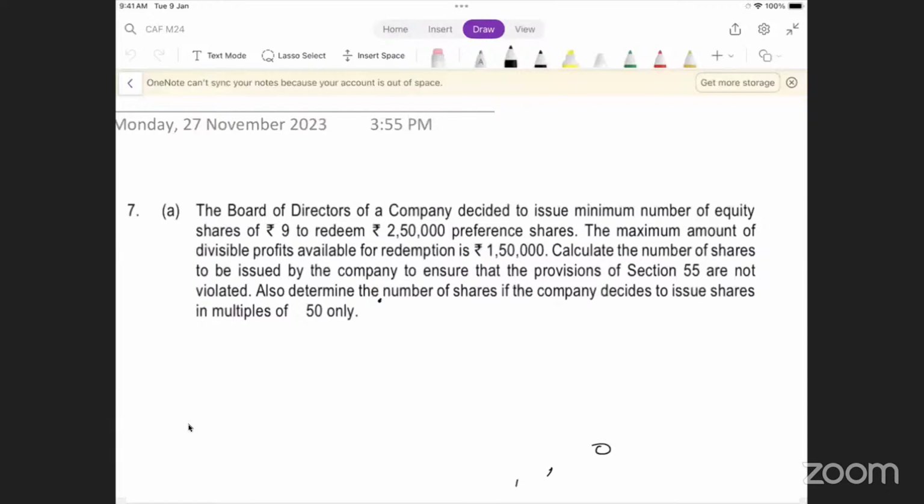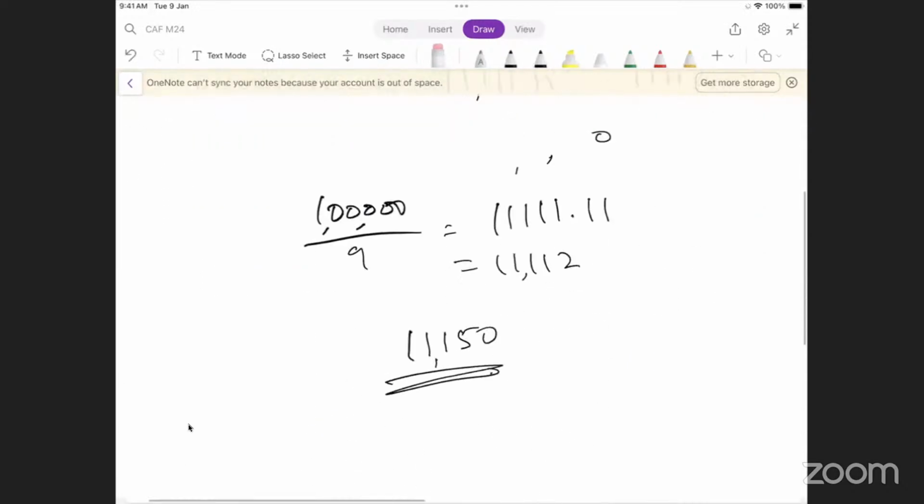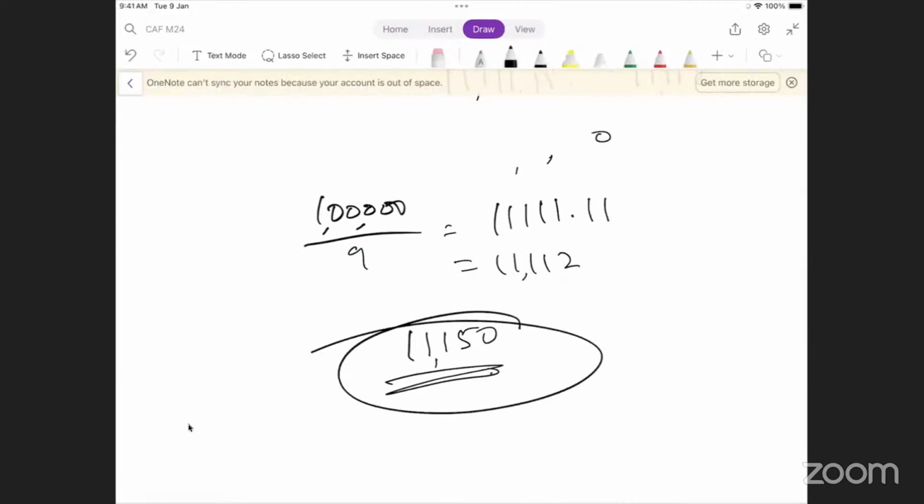So 1 lakh divided by 9 gives 11,111.11, which rounds to 11,112 if it is normal. Correct, Deepak's answer is right. If it is in multiples of 50, then it will be 11,150.